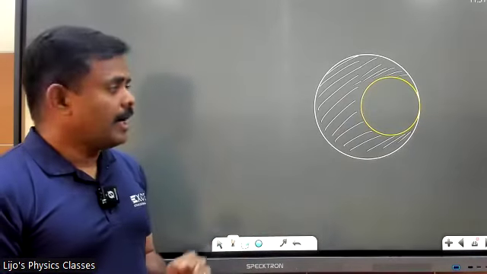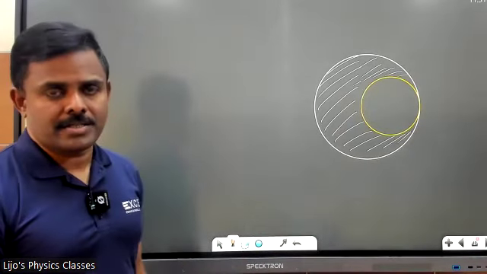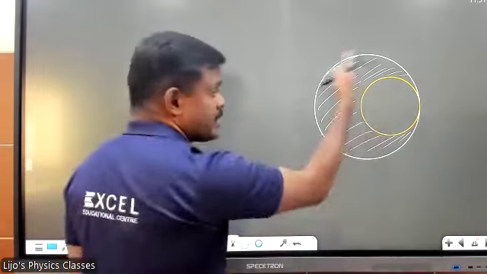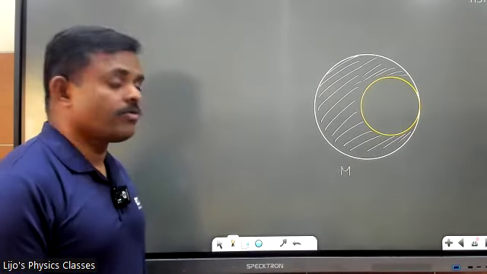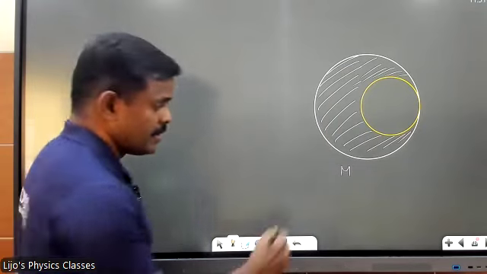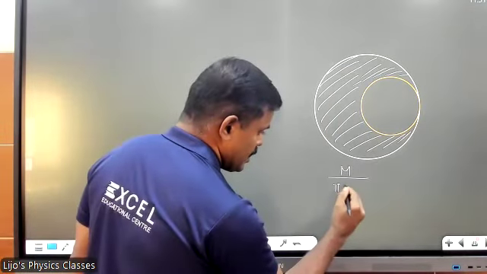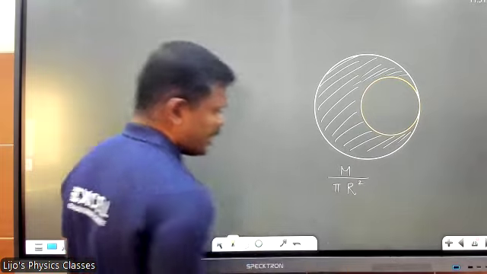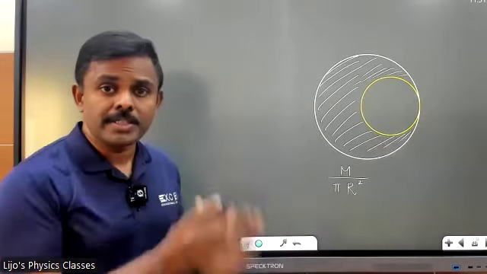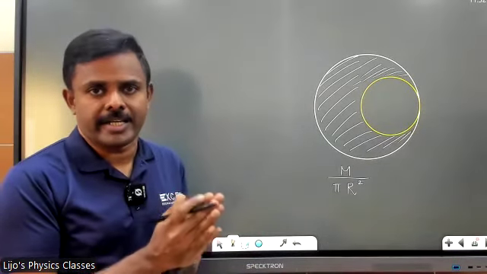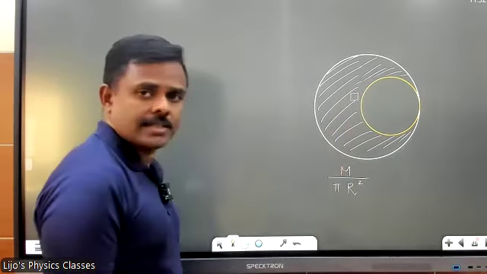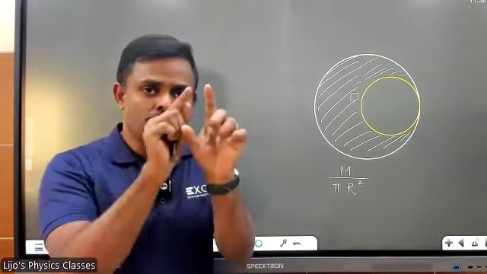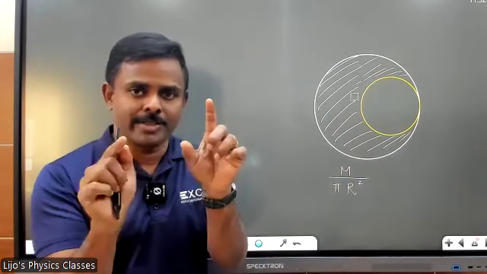Now, I'm going to find the mass of this. What is the total mass of the disk? I assume that the total mass is M. So what is mass per area? Mass per area is M divided by pi R square. This is mass per unit area. That means if you take unit area on the disk, unit area means 1 centimeter length, 1 centimeter breadth.